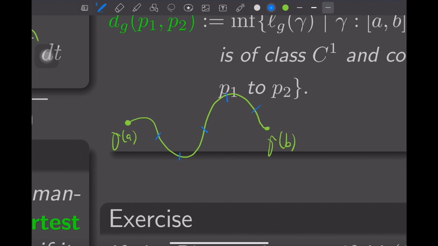At the leftmost points of the partition, take the derivative, which gives a tangent vector that could be very long or very short depending on how the curve is parametrized.